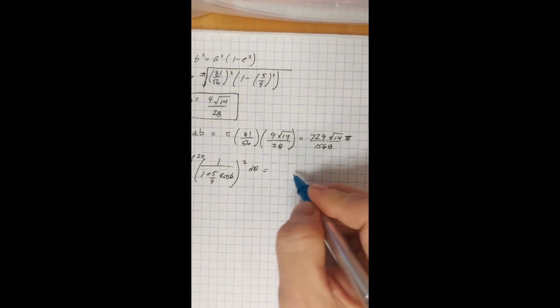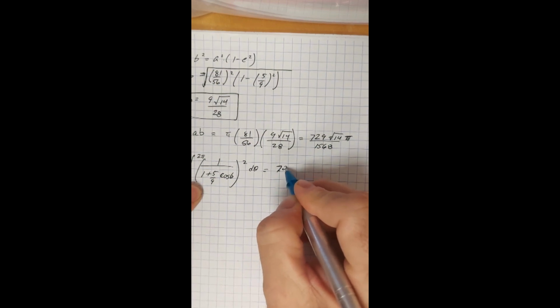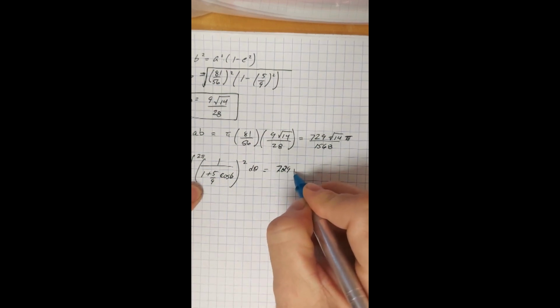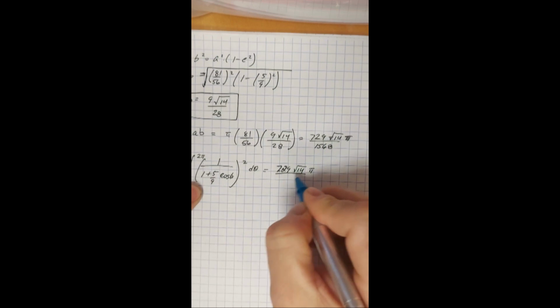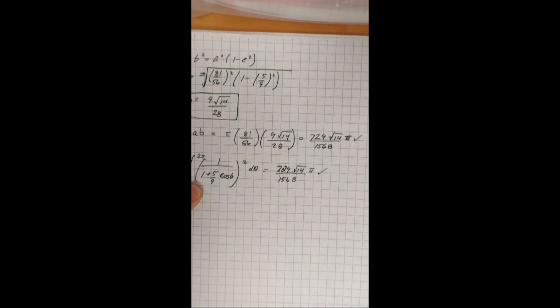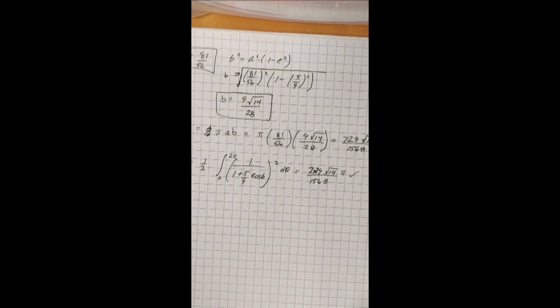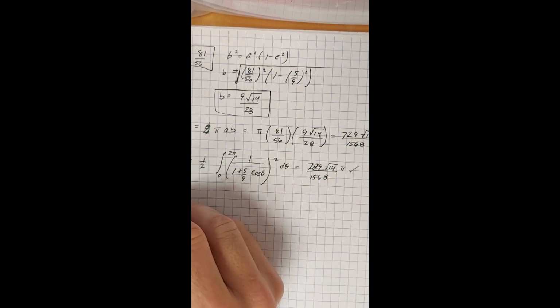And if we plug this into GeoGebra, in fact, you get that this is 729 square roots of 14 pi over 1568. So it checks using both methods, using the integral and then also using the provided formula. So that's the calculation then that we're looking for, the total area, and we needed that also along with the results from number 2 to answer problem 6.